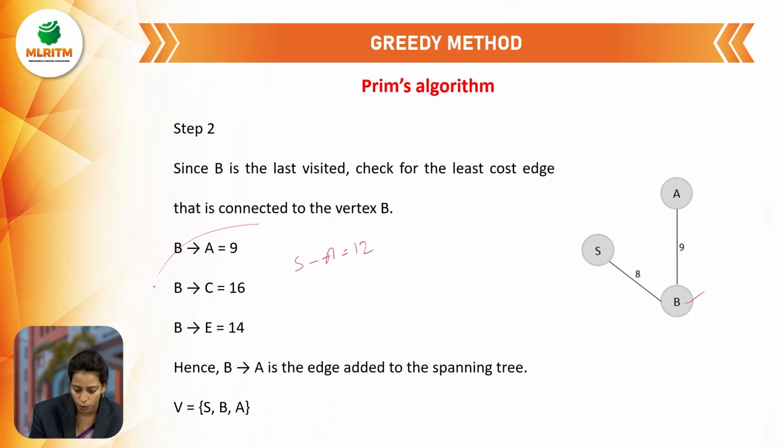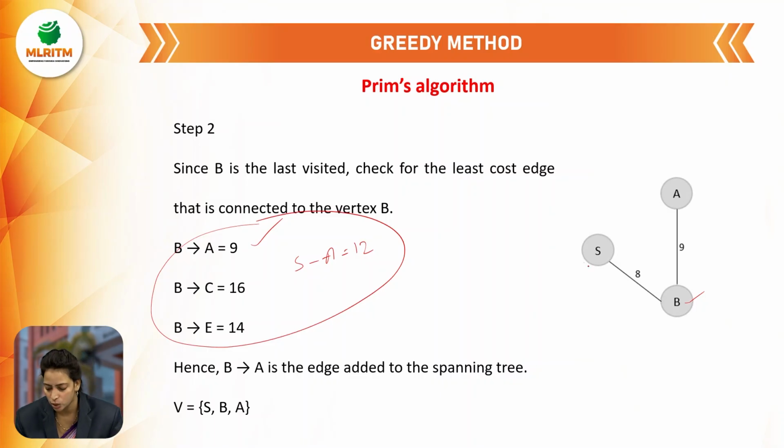Among these 4, which one is minimum? B to A is 9. So add that edge into the graph. Already S to B is there, right? So add another edge B to A. What is the weight of that edge? 9.